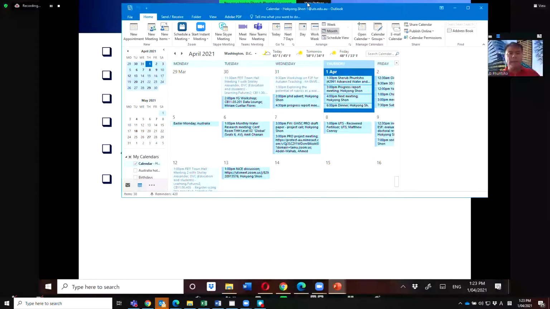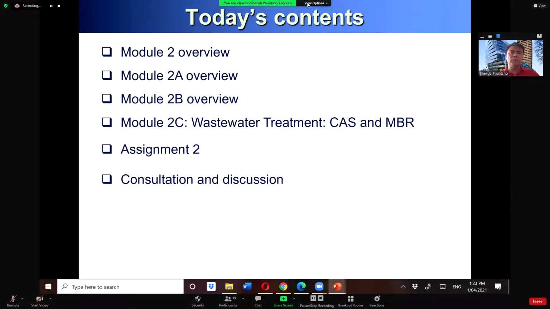So module 2A and 2B is basically for you to gain an enhanced understanding of water and wastewater treatment, biological processes, water quality, and all those sorts of things.